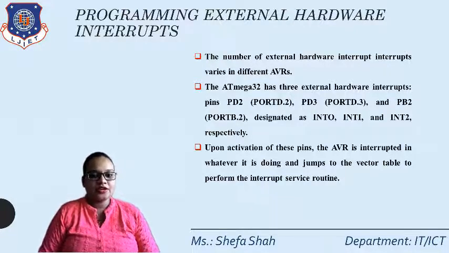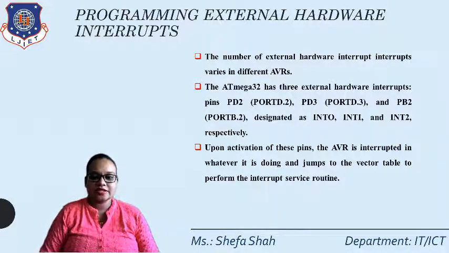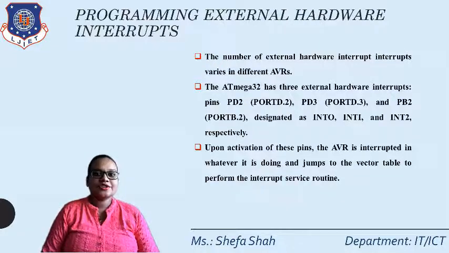So there are a total of three external hardware interrupts, INT0, INT1 and INT2, situated on PD2, PD3 and PB2 respectively. Now, upon activation of these pins, the AVR is interrupted in whatever it is doing and jumps to the vector table to perform the interrupt service routine.